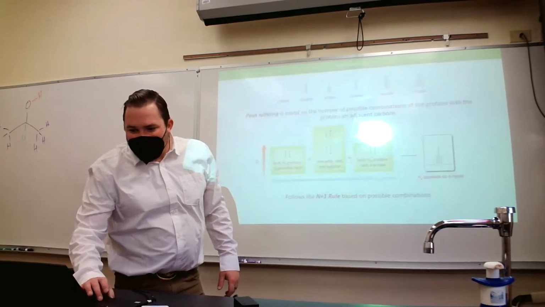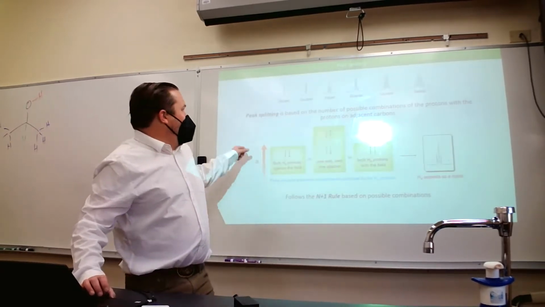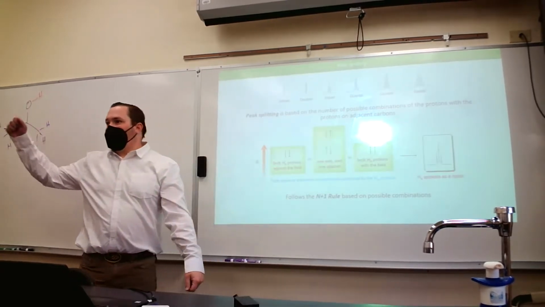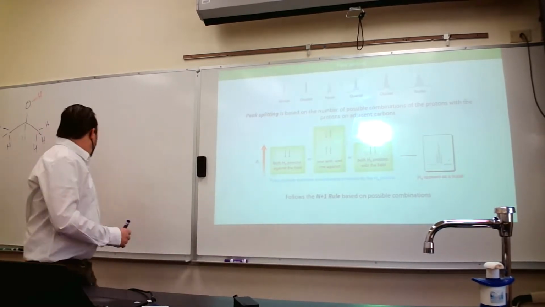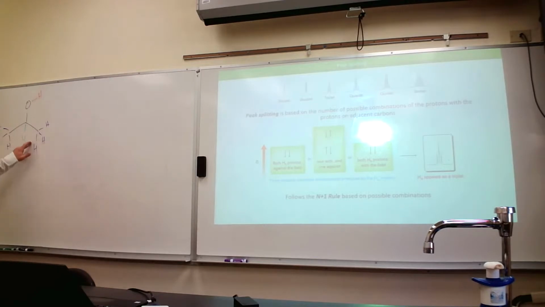And what this actually tells us is how many hydrogens are on the adjacent carbons. So for this molecule, these purple hydrogens, we know how many of the purple hydrogens we have based on the integration. We know how many hydrogens are next door by looking at the peak splitting.